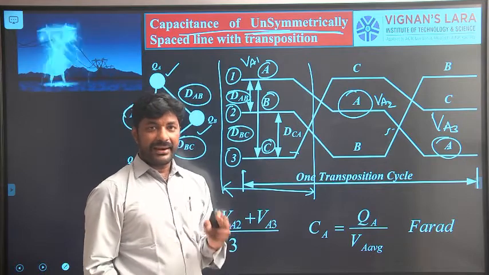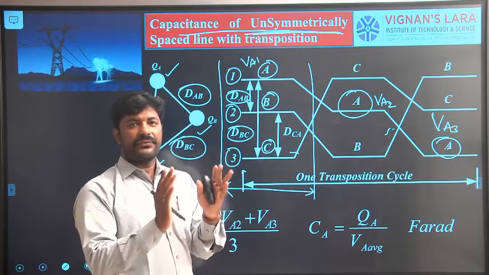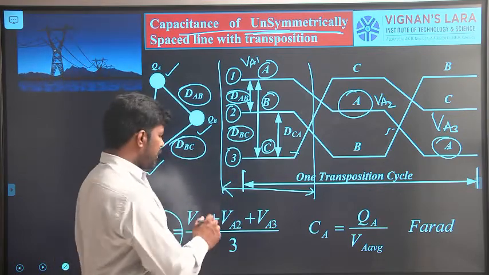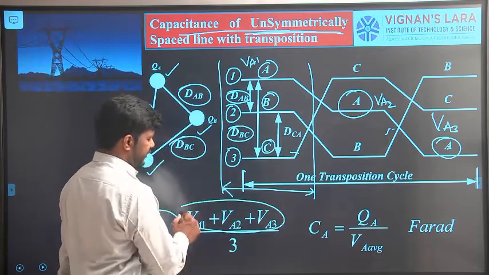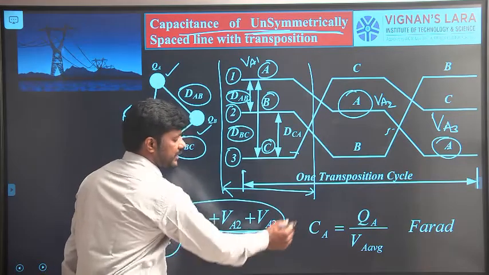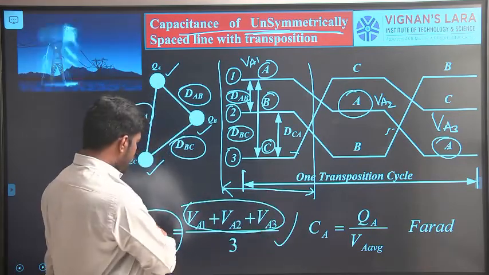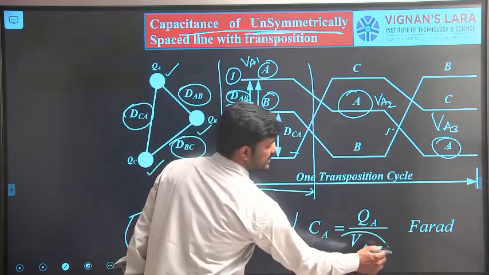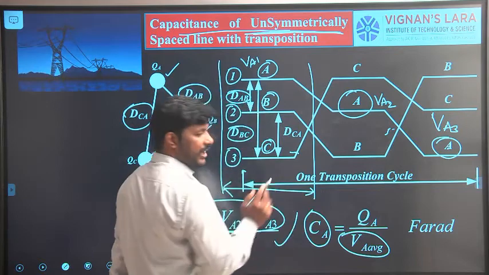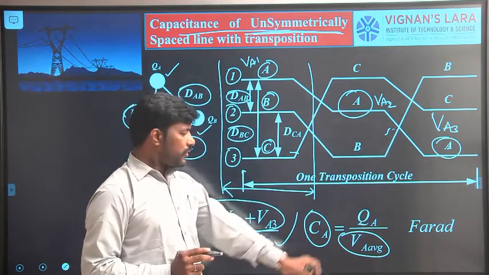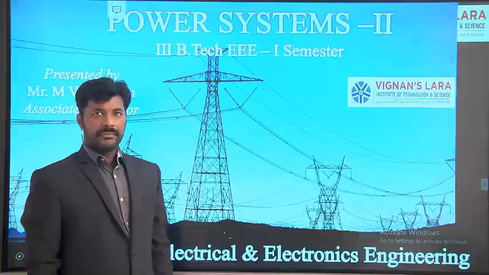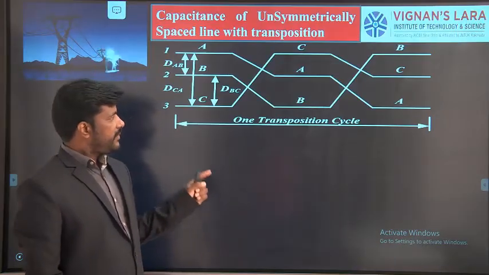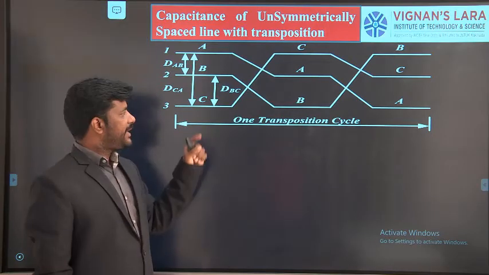Over a barrel length we have 3 different positions, so 3 different potentials. All those 3 potentials should first be identified, then take the average of them. That average is called VA average. Once the average value of the potential is known, use the capacitance formula CA equal to QA by VA average.